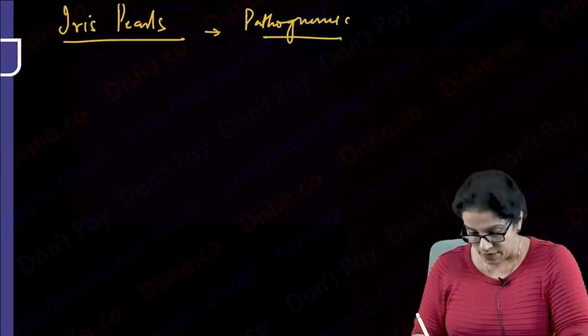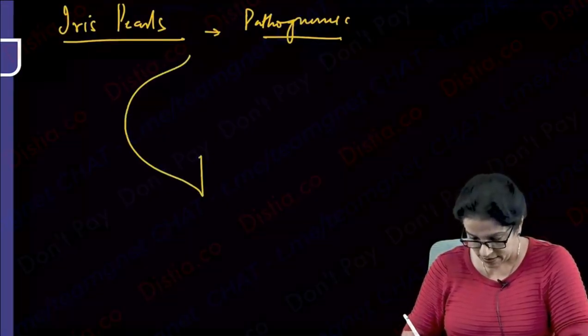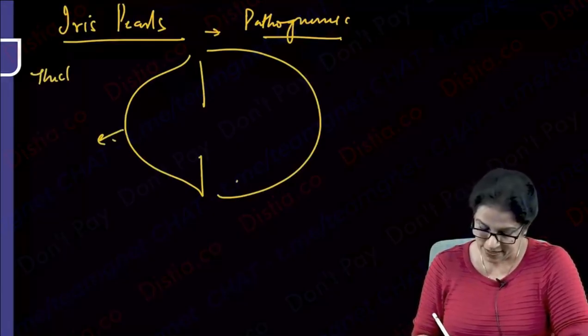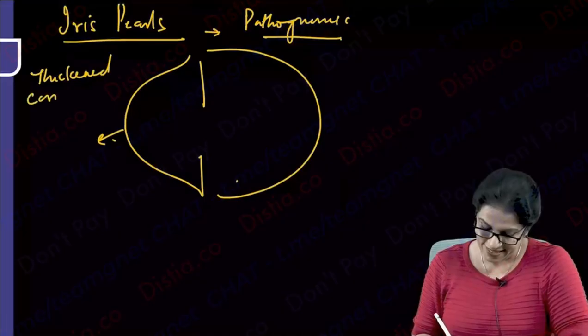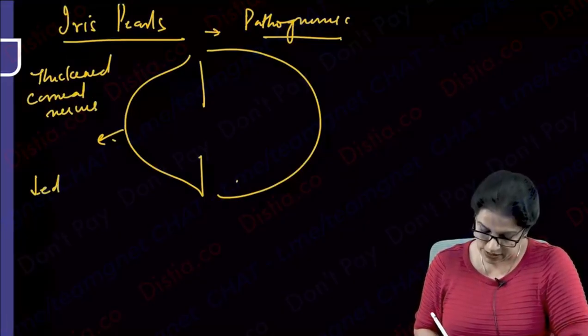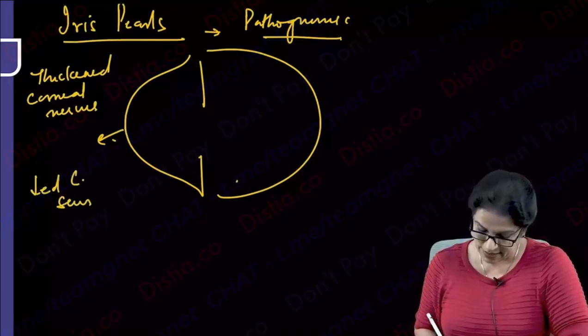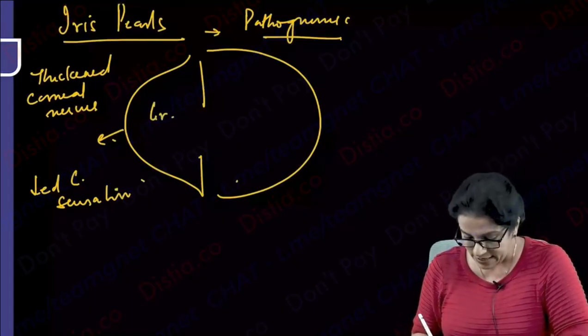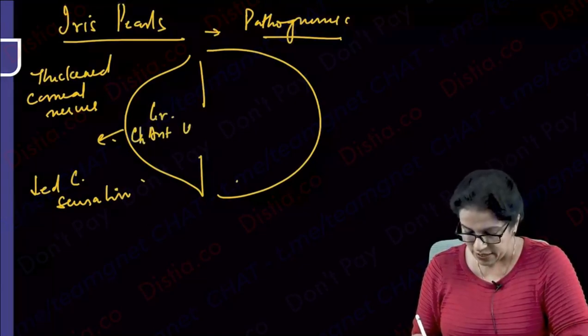So, what else have you learned in leprosy? We should remember this. Let's make a diagram here. Thickened corneal nerves. Did we learn this? Yes. And we also learned about decreased corneal sensation. And then of course granulomatous anterior uveitis, which is chronic anterior uveitis.